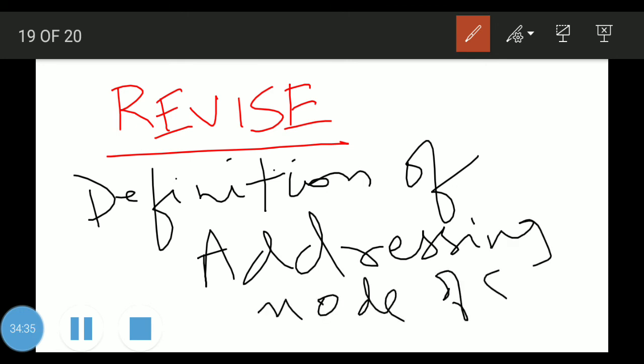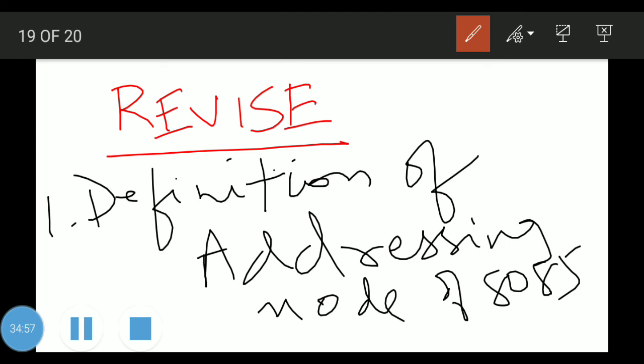This is your first question. Addressing mode is defined as the various formats to specify the operands.